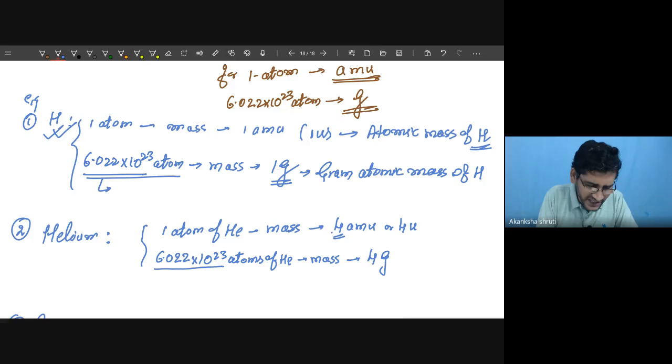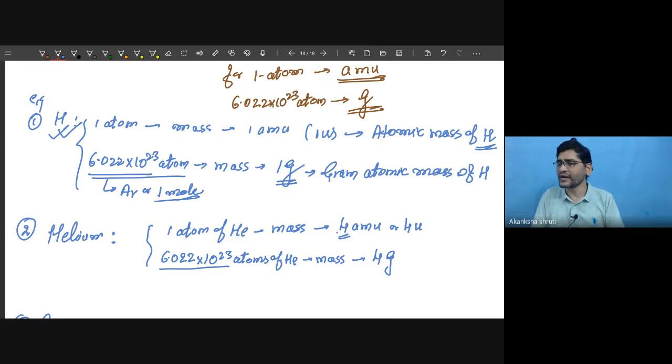And this 6.022 into 10 to the power 23 is called the Avogadro number, and this is also called 1 mole of that. Like a dozen, which is 12, 1 mole is this much number. So sometimes it is also called molar.